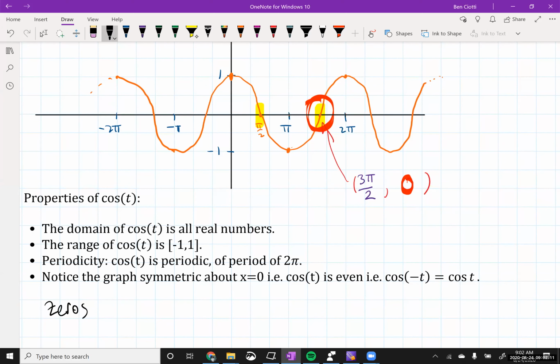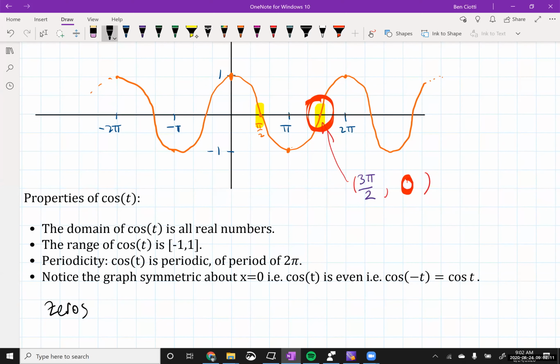Here's how I think about it when I do this. For the period of cos 2x, my thought process is I make the argument equal 2 pi.